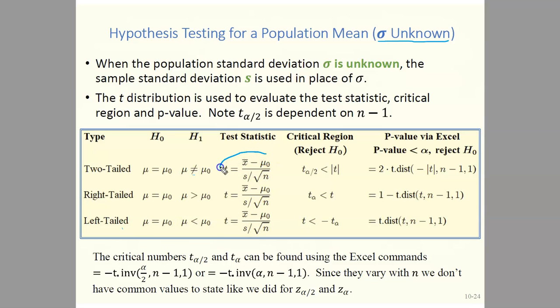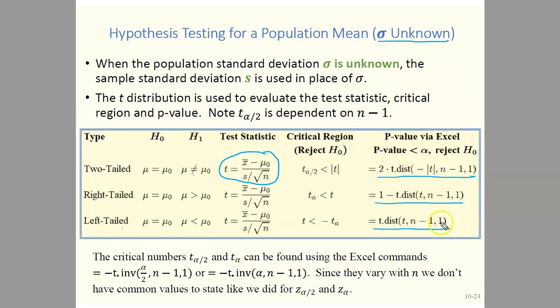It looks just like it did with sigma known, except you notice right here we have a sample standard deviation s instead of the population standard deviation sigma. And then we can calculate a p-value using these commands. Either this one for a two-tailed test, this one for a right-tailed test, or this one for a left-tailed test.